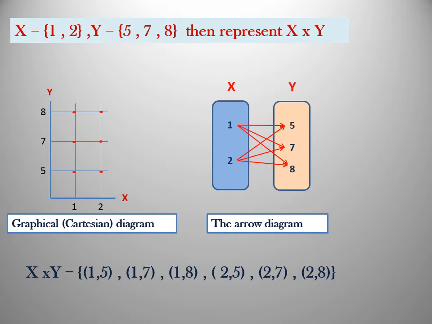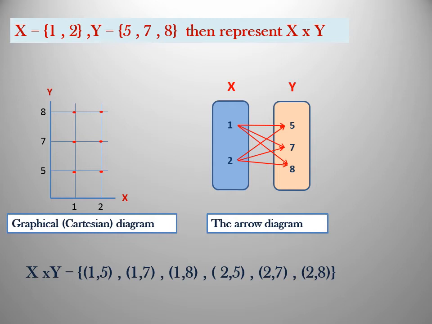The second way to represent the Cartesian product graphically is by the arrow diagram, and I will represent every set in a rectangle and then distribute every item in the first set on every item in the second set and use arrows to determine the direction.